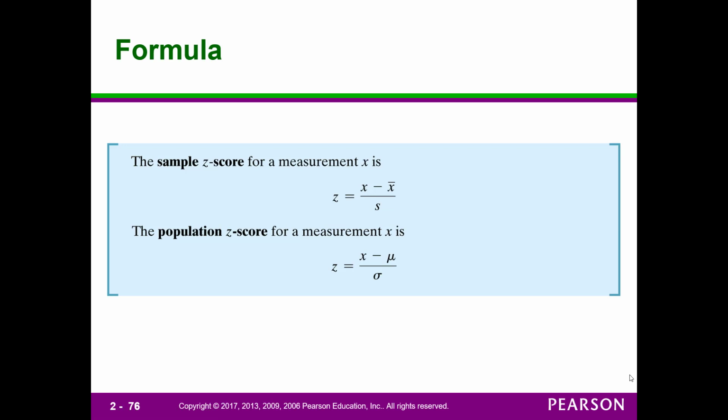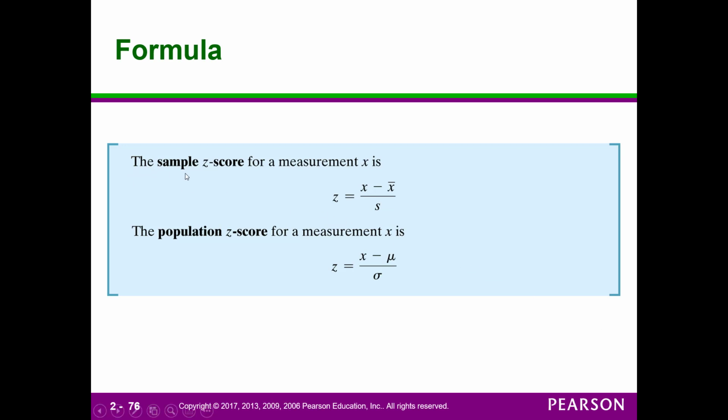Another measure of relative standing in popular use is the z-score. As you can see in the following definition, the z-score makes use of the mean and standard deviation of a data set in order to specify the relative location of the measurements.